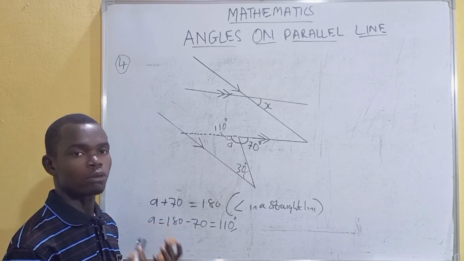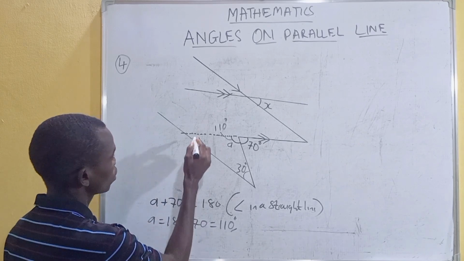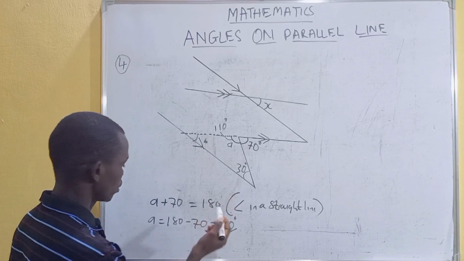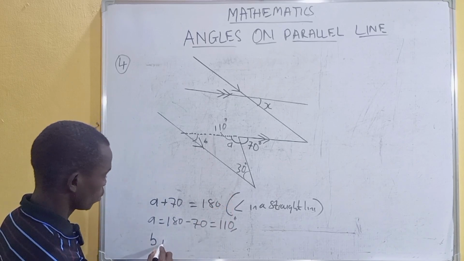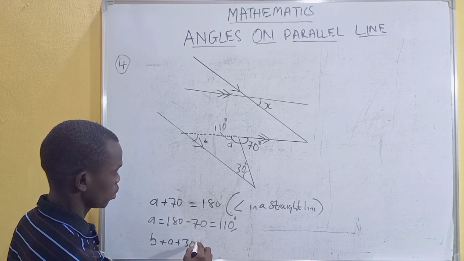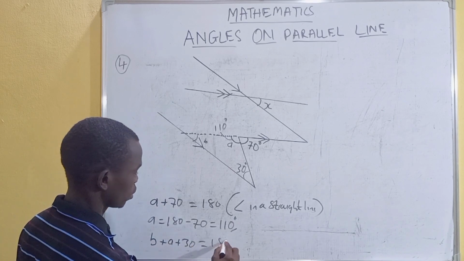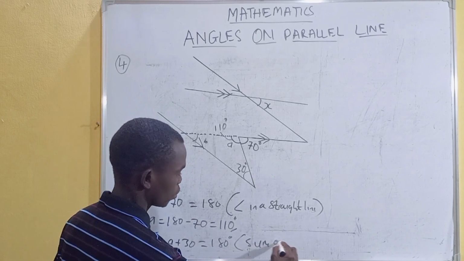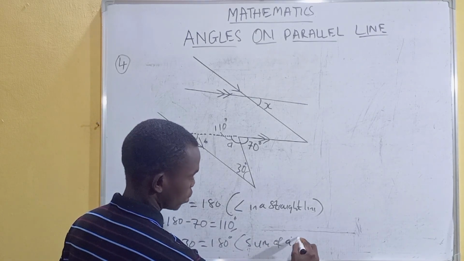And from triangle theorem, we know that the sum of all the angles in a triangle is equal to 180. So if we are to represent this angle as B, this will now be B plus A plus 30 is equal to 180 degrees, sum of angles in a triangle.